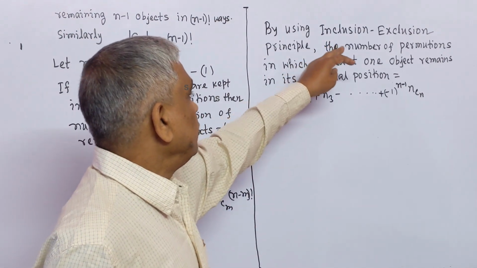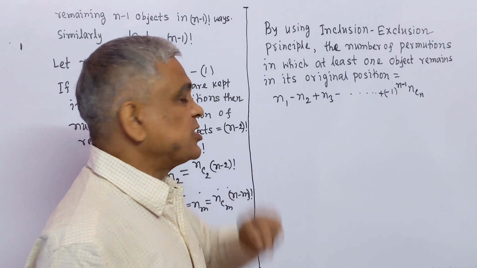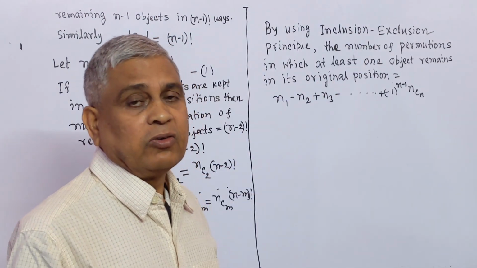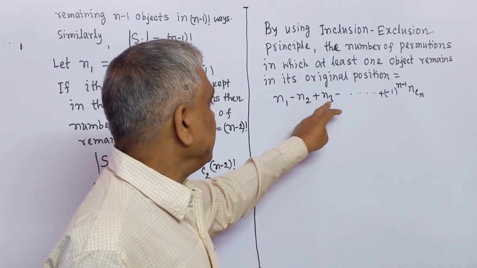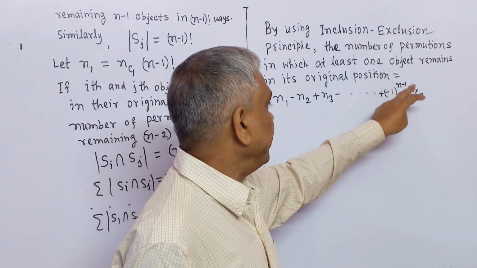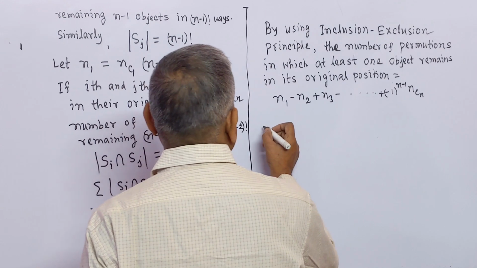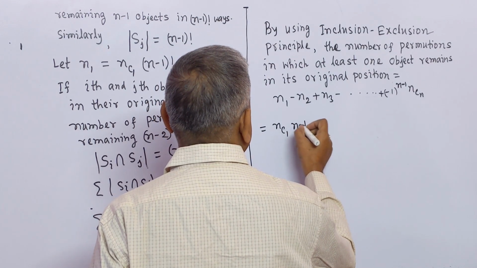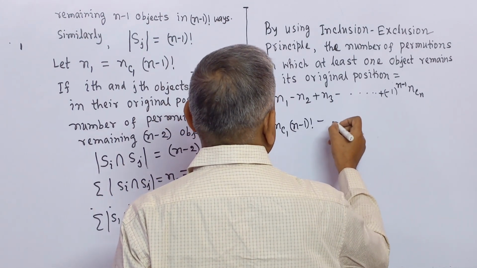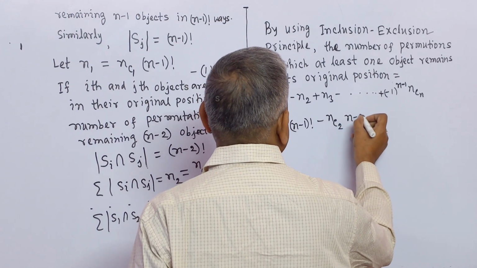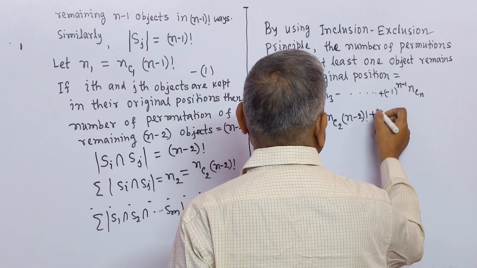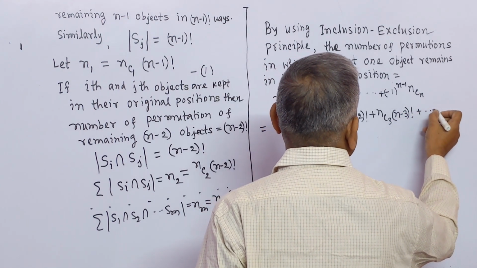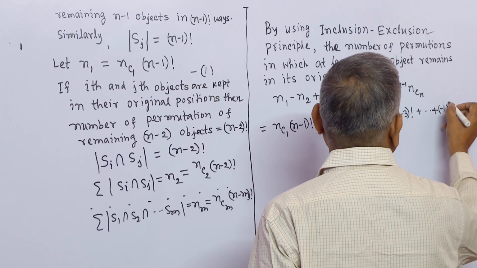By using the inclusion-exclusion principle, the number of permutations in which at least one object remains in its original position will be n1 minus n2 plus n3 minus ... plus or minus (-1)^(n-1) nCn. That is, nC1 (n-1)! minus nC2 (n-2)! plus nC3 (n-3)! plus ... plus (-1)^(n-1).